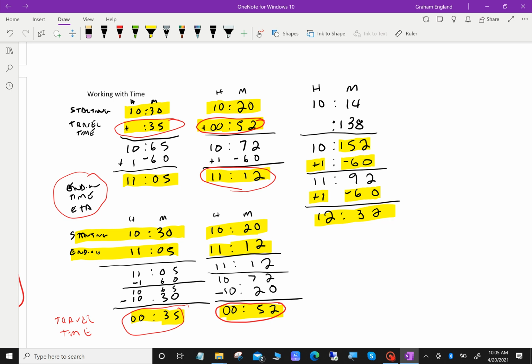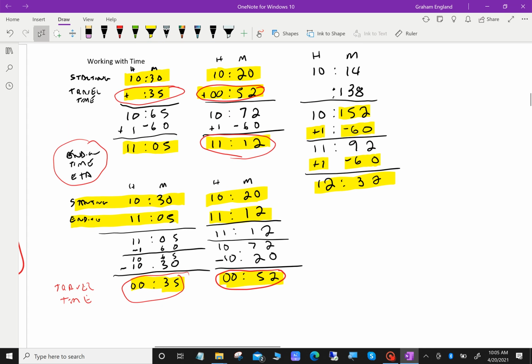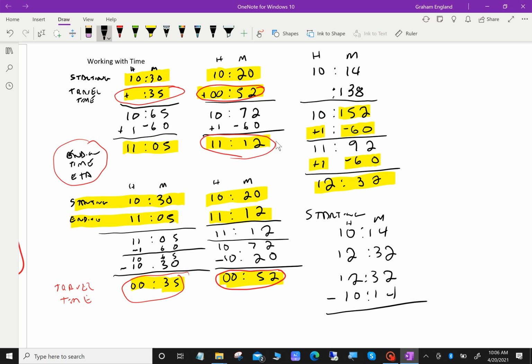So now, let's do it the other way around. Let's do a starting time of 10 hours and 14 minutes, just like we had before. And our ending time is 12:32. So what was our travel time? So we take 12:32 and subtract the 10:14, and we do them separately.